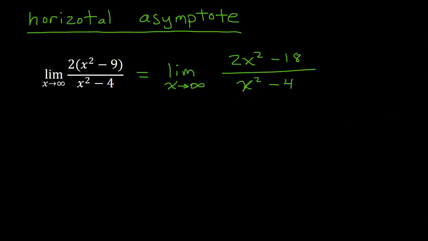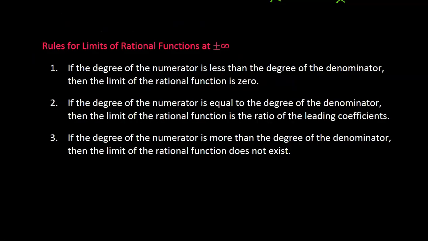So we learned back in section 3.5a the rules for the limit of a rational function. In this particular case, the degree is equal for the numerator and denominator. So the limit of the rational function is just going to be the ratio of the leading coefficients.